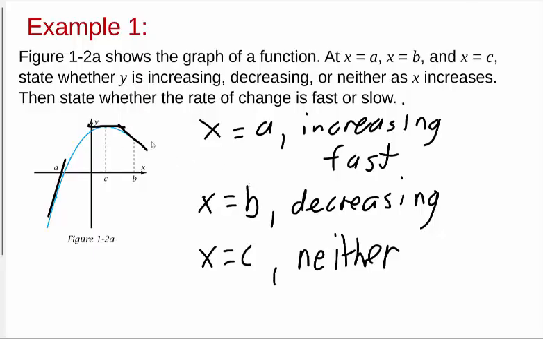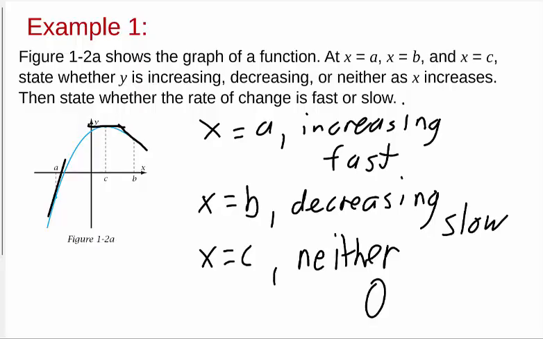Not quite as steep. So I could say that's slow. And here it's neither increasing nor decreasing. So its rate of change is 0. It's not changing. So that's how we can use a graph with no numbers to talk about rate of change.